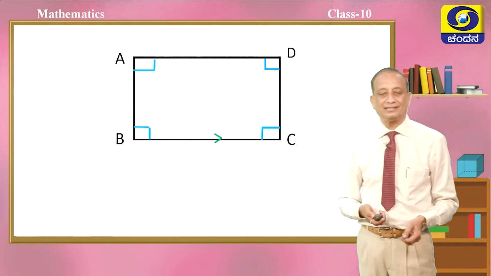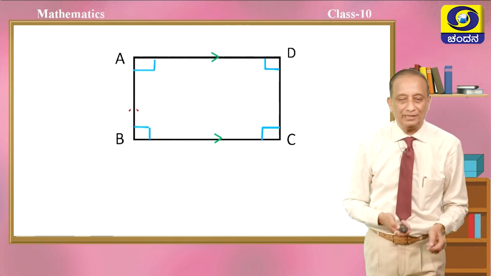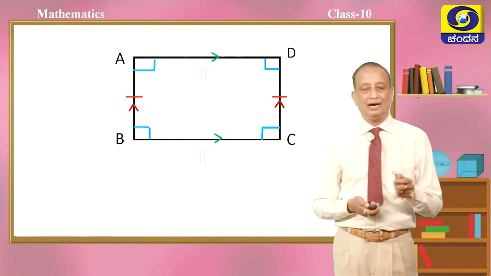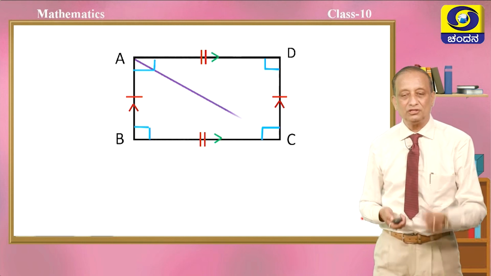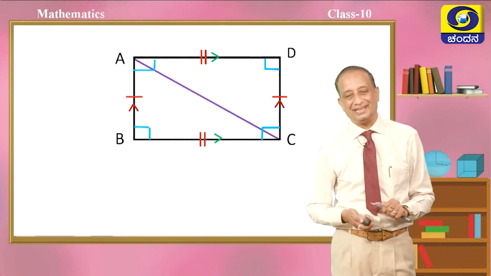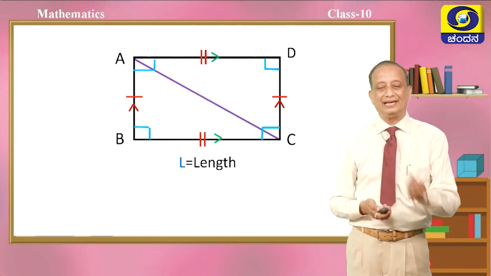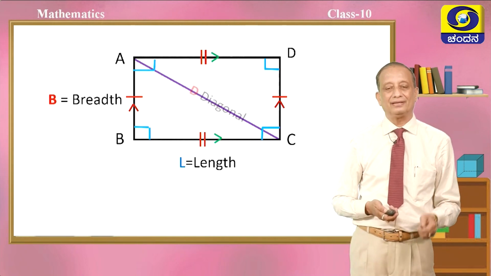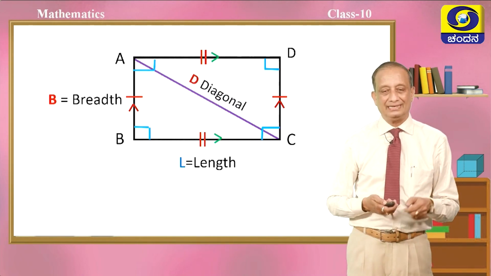So here is a rectangle ABCD in which two pairs of opposite sides are parallel and equal also. If you join AC, children, you get the diagonal. Let l be the length, b be the breadth and d be the length of the diagonal.